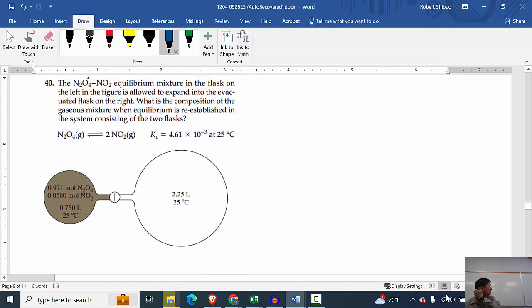So, this involves the N2O4, NO2 equilibrium. If you look at the K, which is more favored at 25 degrees C, NO2 or N2O4?